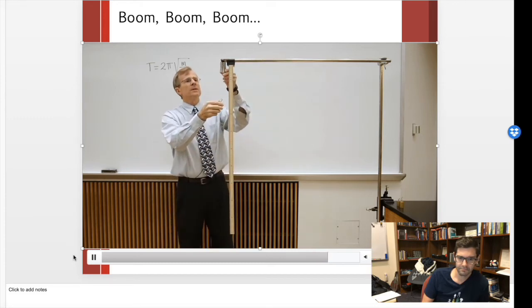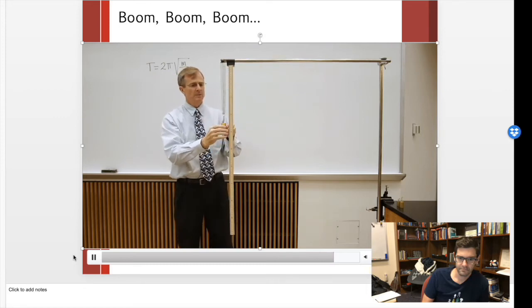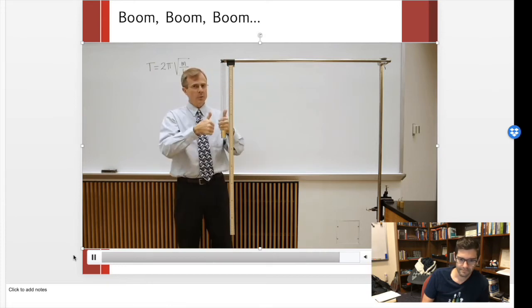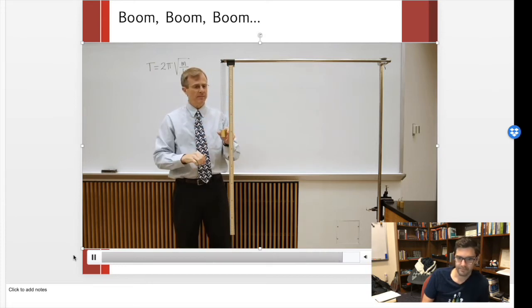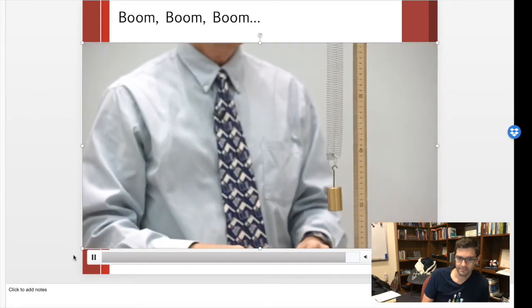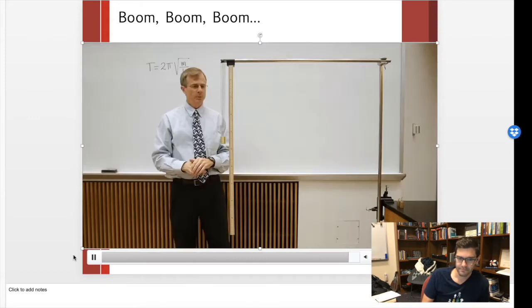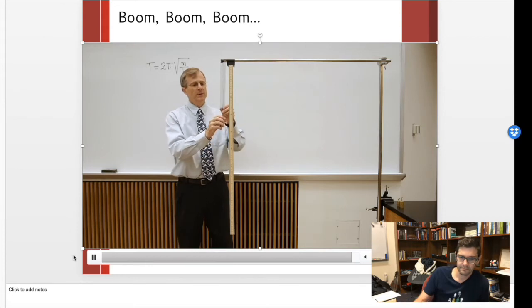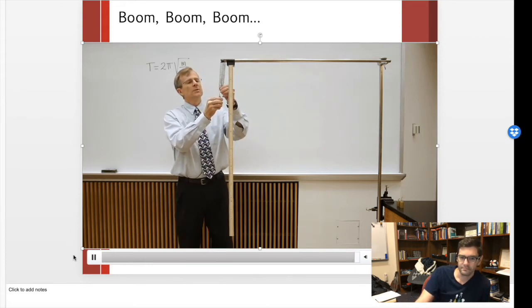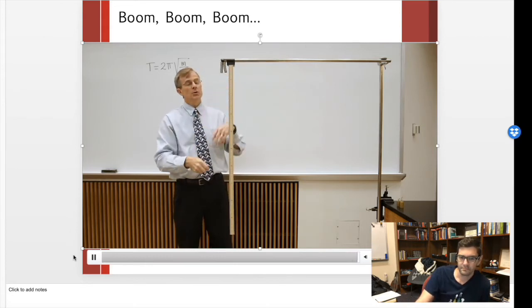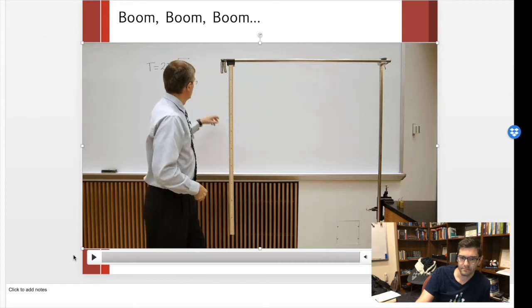And the same mass with 2 springs. You know first that the equilibrium position is higher because we got more force pulling it up to counteract gravity. Boom, boom, boom. A little bit faster period. So, a shorter period, that is. All right.